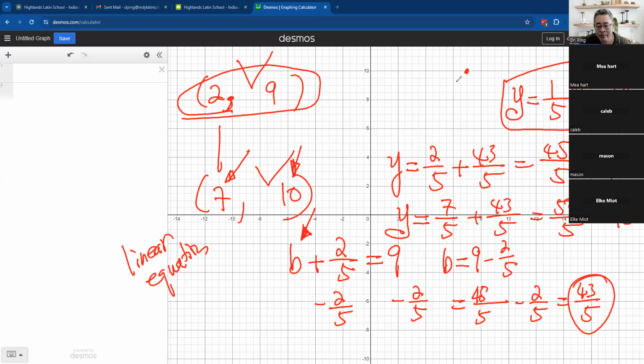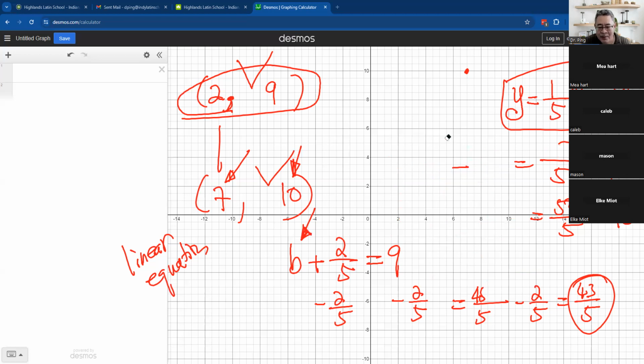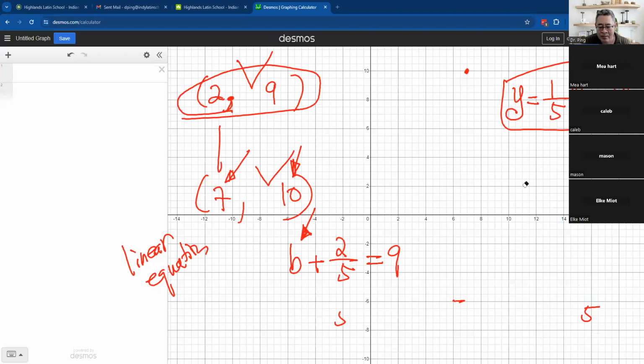Oh, 43. 43 is because 45. I'm glad you're asking. We got this based on this point. So therefore, b is equal to 9 minus 2/5.